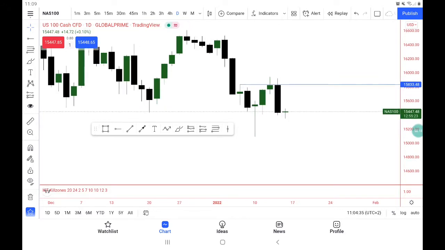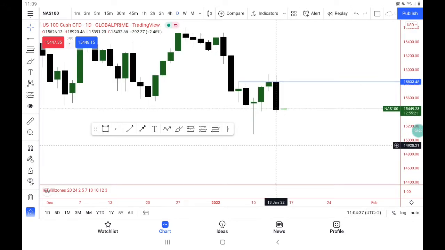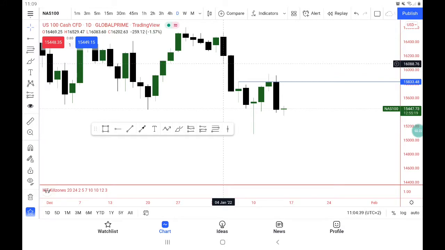That's the high of this candle. And now we also have this making the imbalance, which is about the low comes at 160.83.